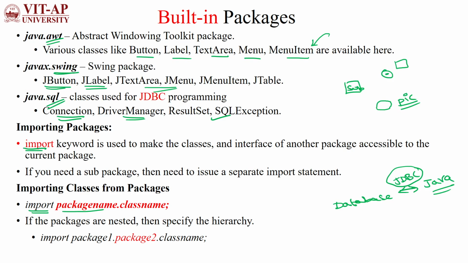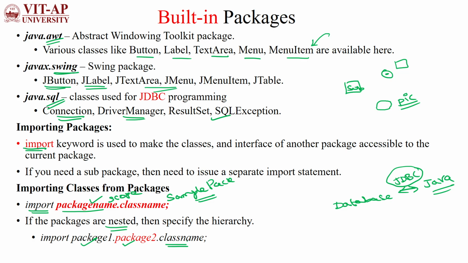So based upon that we can import the package into our own program. If the packages are nested, that means sub packages are available, then the package name, inside that we will have one more package, then the class name can be called.